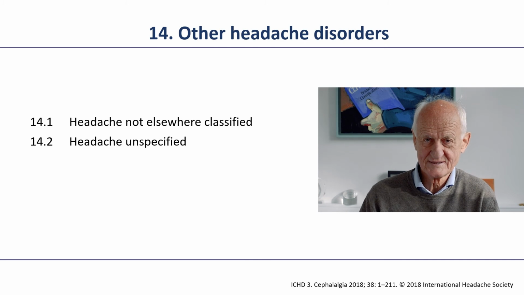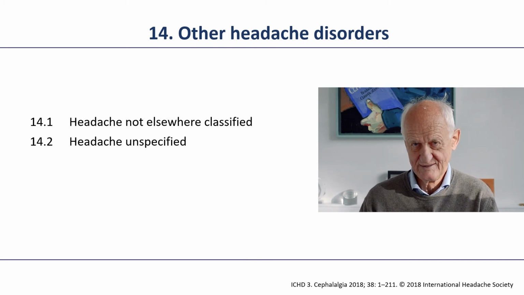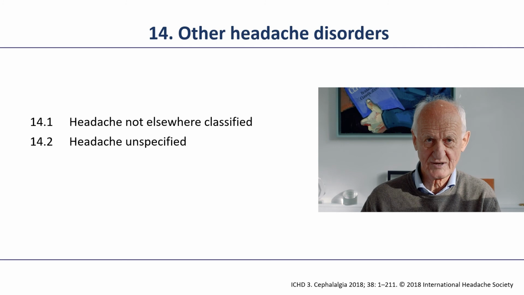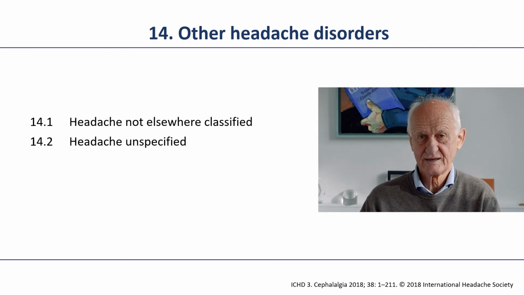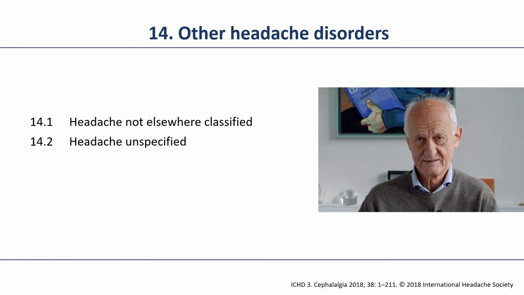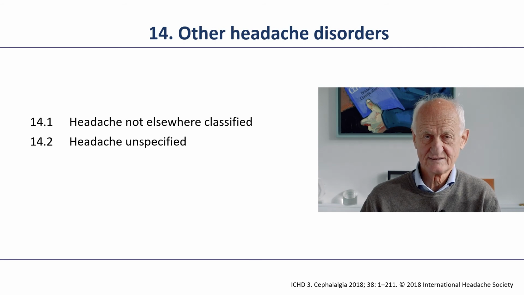What that means is this is a new kind of headache. And we have seen in recent years there are still new kinds of headache being described that have never been described before. A good example is headache caused by airplane travel, which was only described and accepted in the latest edition of the International Headache Classification.